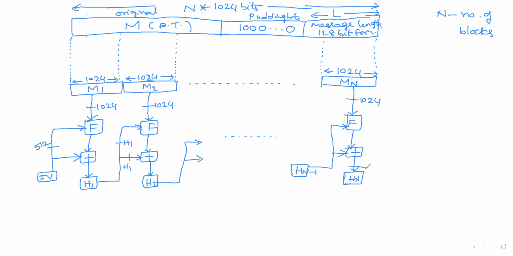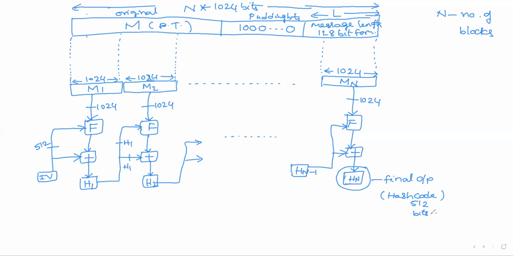This is the final output that you are getting. So this is nothing but our hash code, which is of 512 bits.